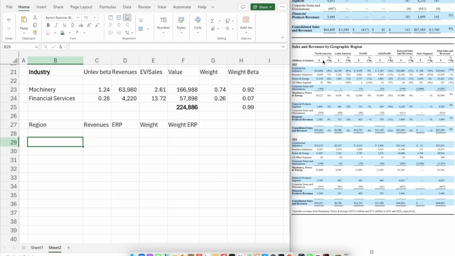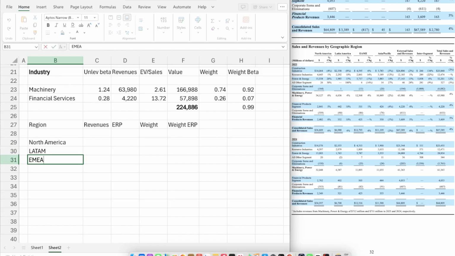Okay, so this is a nice breakdown. North America, Latin America, Europe, Middle East, and Africa, which get rated differently, then Asia Pacific. So let's go North America, LATAM, EMEA, let's call it the proper version rather than what they do, and APAC.